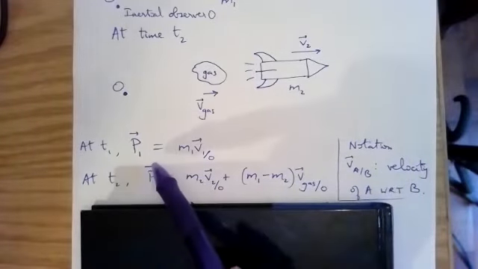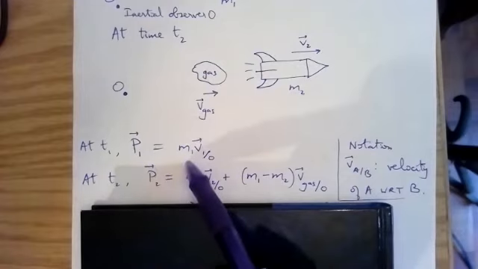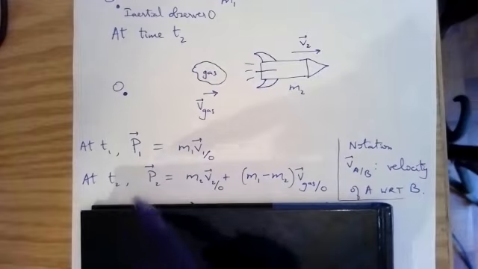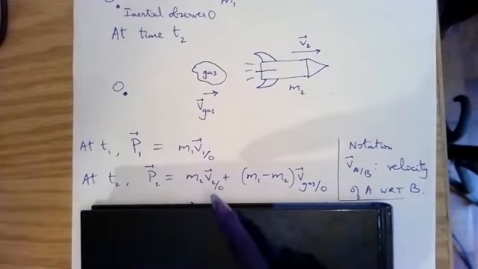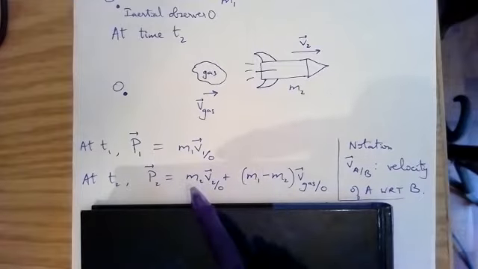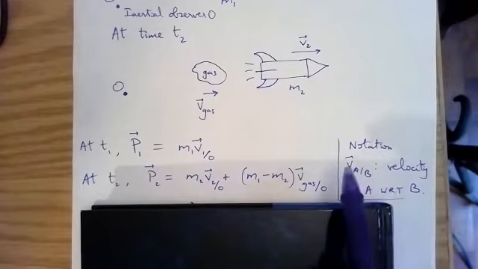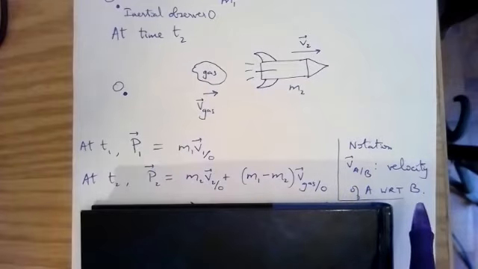The momentum of the system at time t1 was p1 equal to m1 times v1. And at t2, we have the momentum of the rocket plus the momentum of the gas. Since the mass of the rocket is now m2, we expect that the mass of the gas will be m1 minus m2. The notation that we're using for the velocities is v a slash b is velocity of a with respect to b.